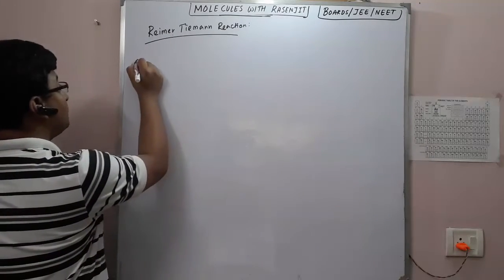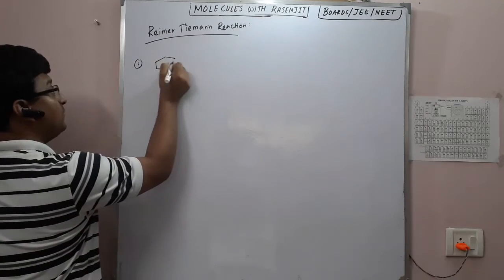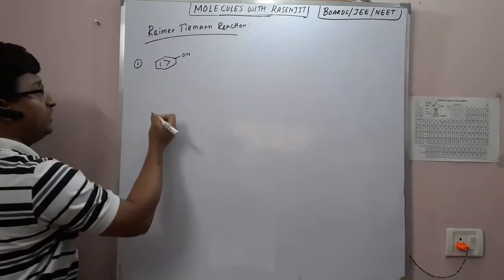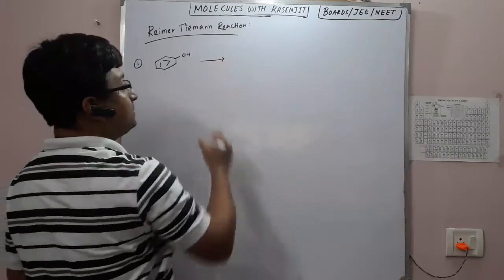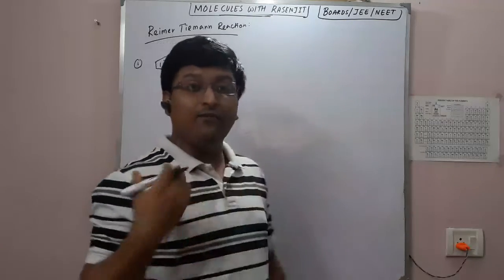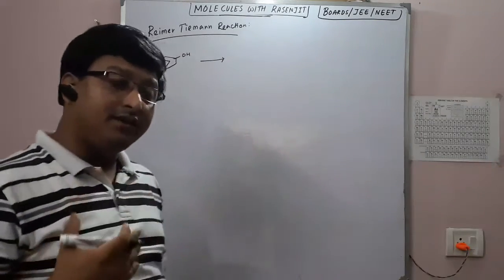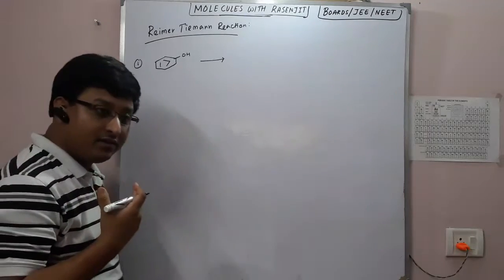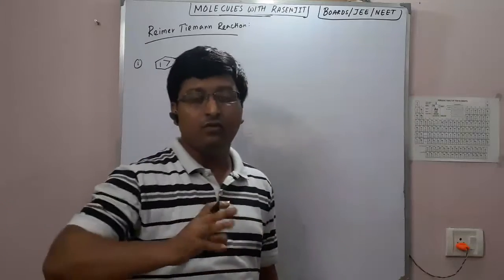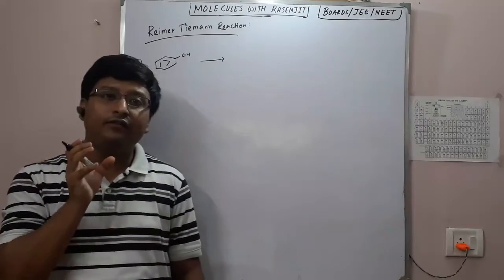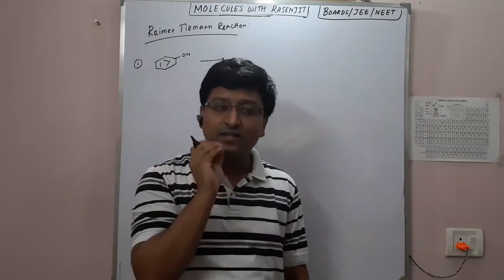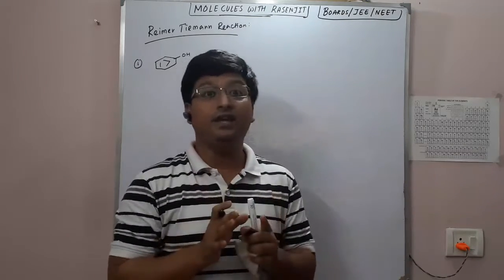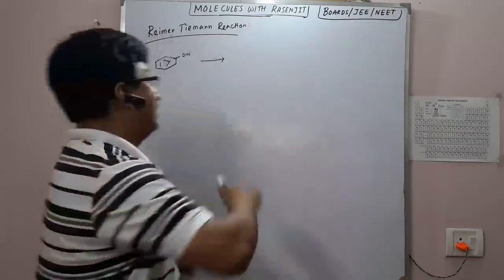So what is the first? You have this phenol. Now, instead of treating it the same way as the Reimer-Tiemann method, where you treat with chloroform in presence of base, what I will do here is, instead of chloroform, which is the moiety for the formation of the aldehyde, I will give carbon dioxide.